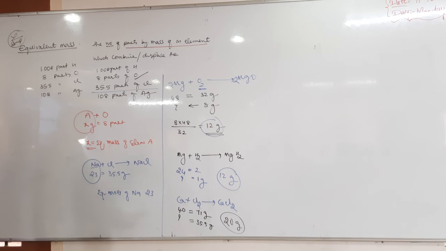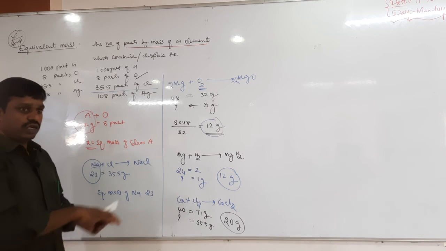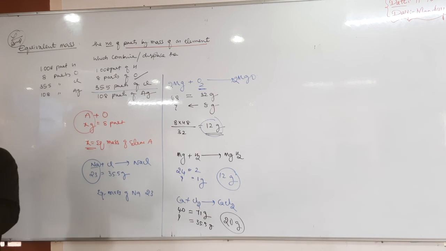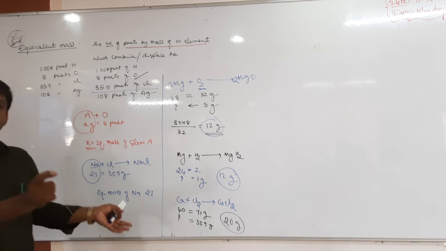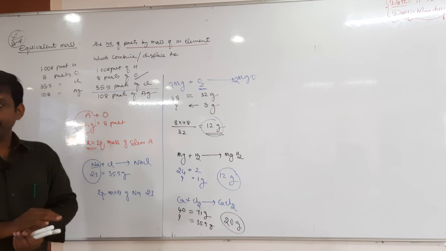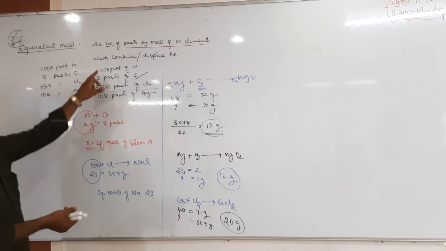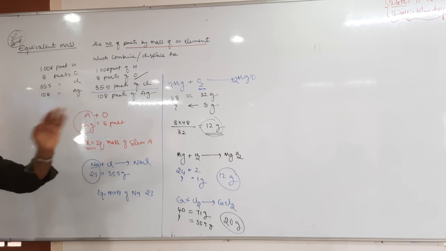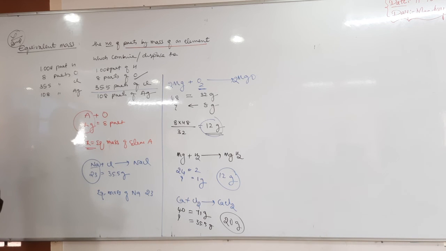So in all chemical reactions, not only here, in all chemical reactions, the equivalent mass of one element always combines with the equivalent mass of another element. If you remember the equivalent mass of one element, you can get the equivalent mass of the other element in a chemical reaction.